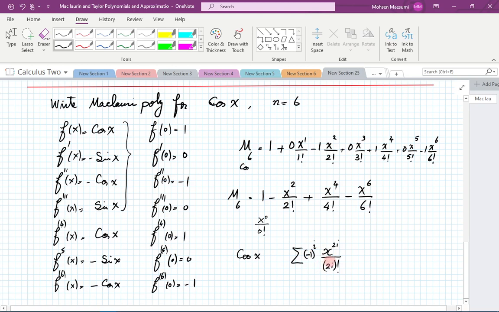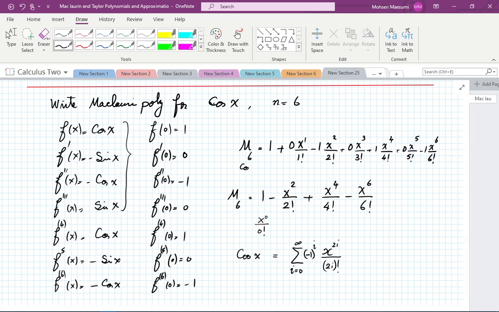So when i is, for example, 2, the exponent becomes 4, the coefficient becomes positive. When i is 3, the exponent is 6, the coefficient becomes negative. i ranges from 0 to infinity if you want to have a cosine, and it turns out, as we are going to see in the next section, a cosine of x has that series representation.